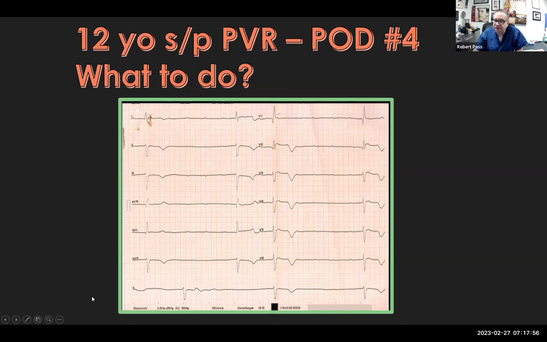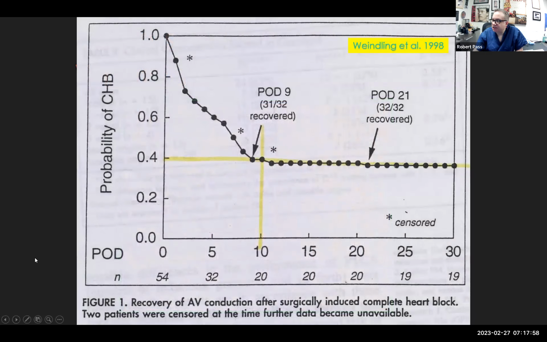It's exactly right. And this actually comes from a now 25-year-old paper on only 32 patients from Boston Children's. This is where the original idea of 9 days came from, showing that by postoperative day 9, 31 of the 32 had recovered.